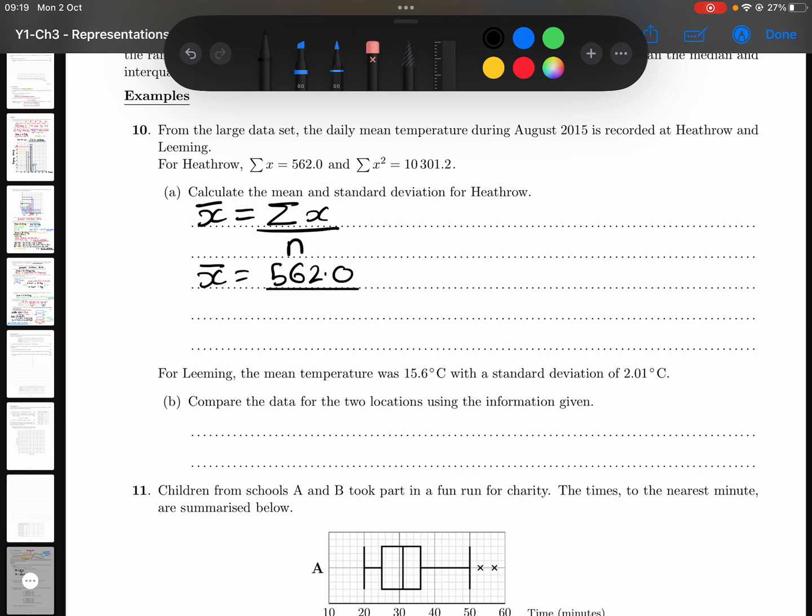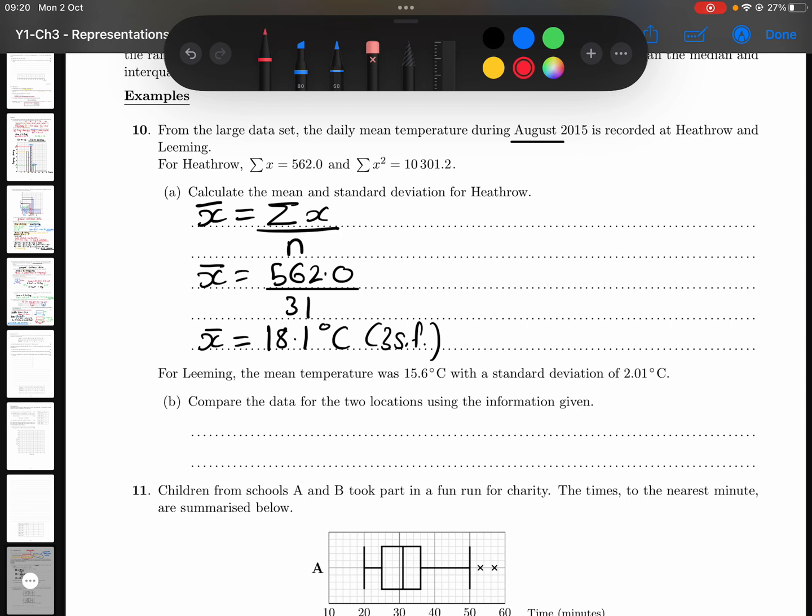How many values would we have during the month of August? August has 31 days, so our n would be 31. Calculating gives us a mean of 18.1 degrees Celsius to 3 significant figures.